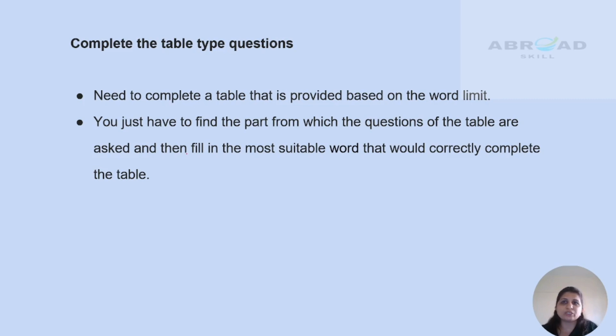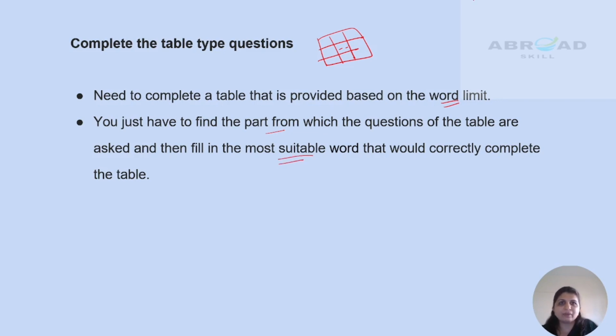Now the next type of question asked is table type questions, wherein a table will be provided to you. The rows and columns will be given and some information will be mentioned in them. Here also the instruction will mention the word limit. The blanks will be given, so you need to fill in the blanks according to the word limit. You just have to find the part from which the table questions are asked and then fill in the most suitable word accordingly.